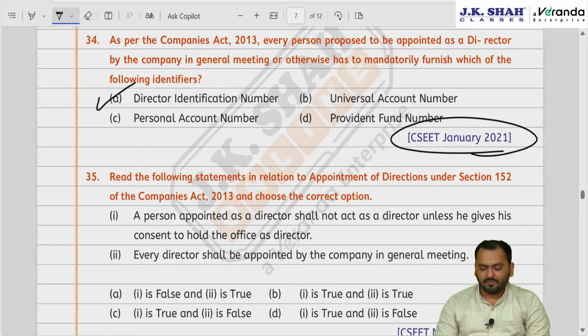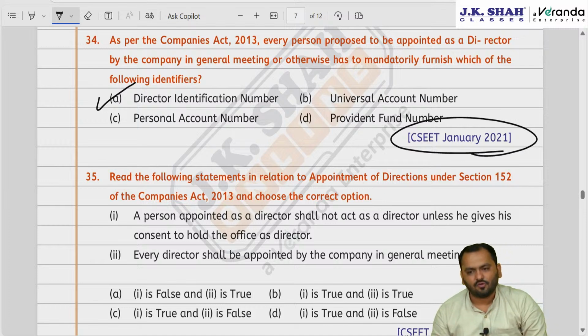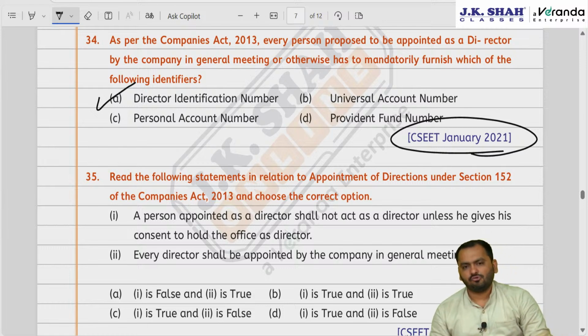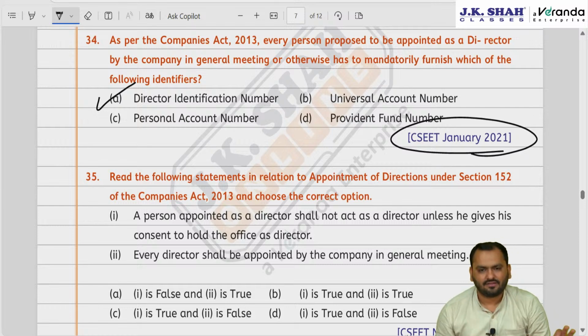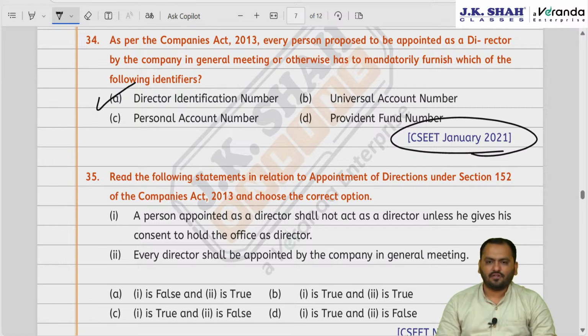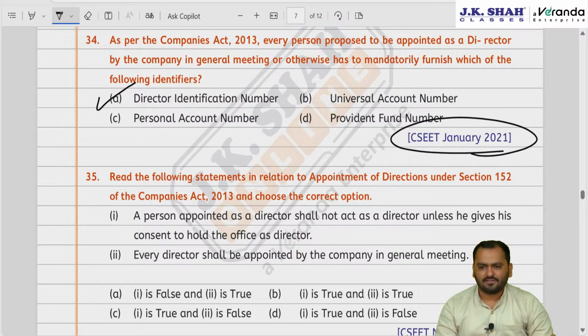And with DIN, let me also remind you, I always say this in class also, that the first DIN in India was allotted to respected Ratan Tata ji. The DIN concept was introduced in 2006 and the first DIN was allotted to Mr. Ratan Tata ji.